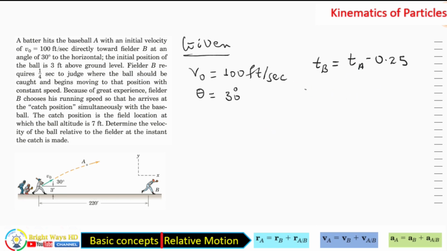And you know that gravity is 32.2 feet per second squared in the downward direction. The required parameter is the velocity of A with respect to B.